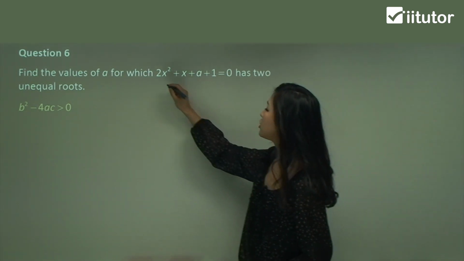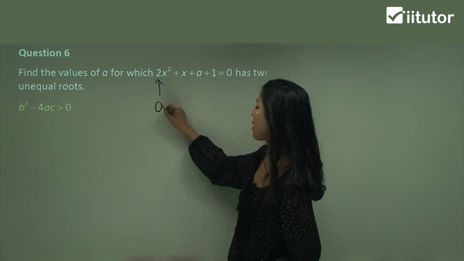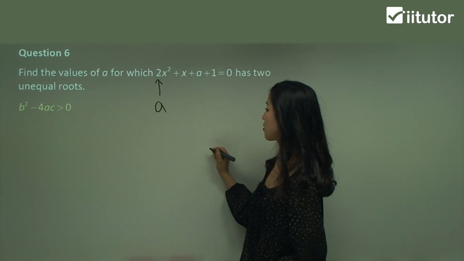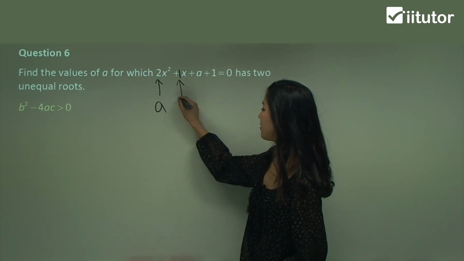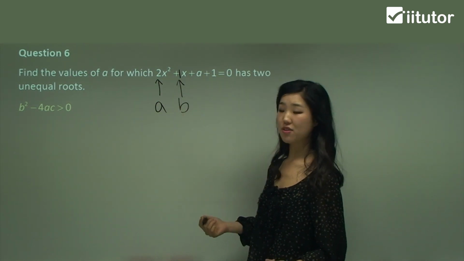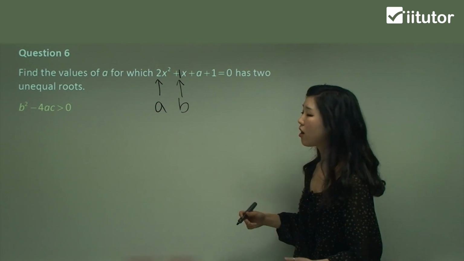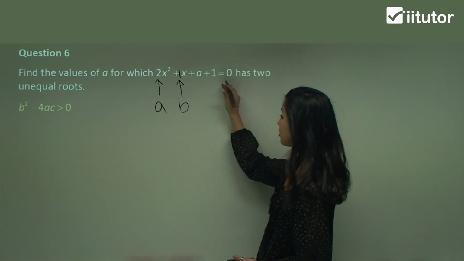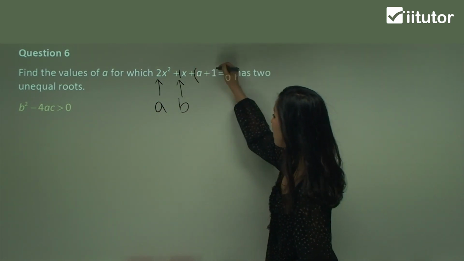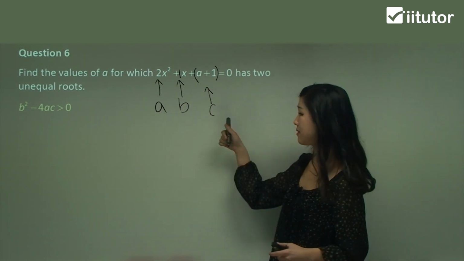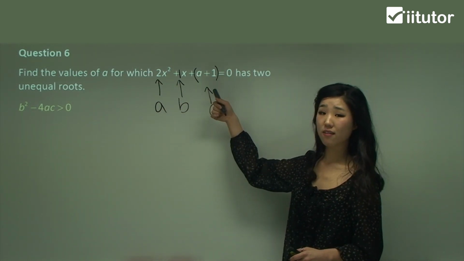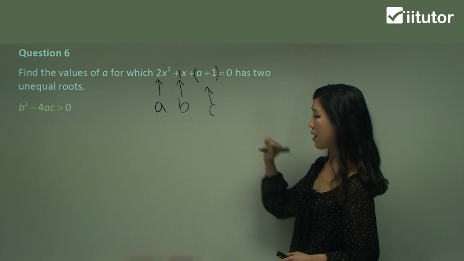Here, 2 is going to be our a, the coefficient of x squared. See how this is 1x, so 1 is our b, the coefficient of x. The constant c is not just going to be 1, it's going to be a plus 1. The whole thing, a plus 1, is c. Please don't get mixed up with that one.